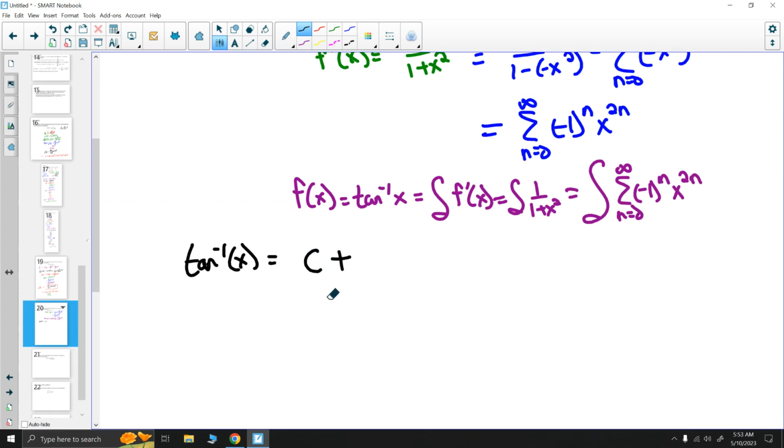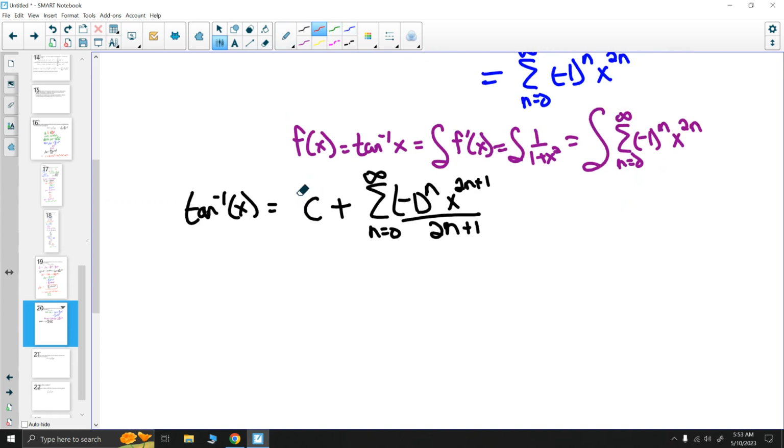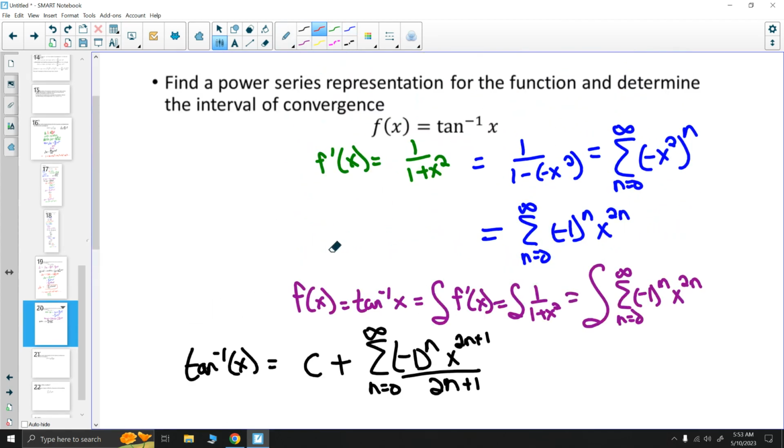So we'll just call it the constant of integration plus the sum, n equals 0 to infinity. Our constant stays the same, -1 to the n. We're going to take our x to the 2n plus 1. So we take our power, add 1, and then divide by that new power, 2n plus 1. So that is our power series describing tangent inverse. And we can find c by plugging in 0.